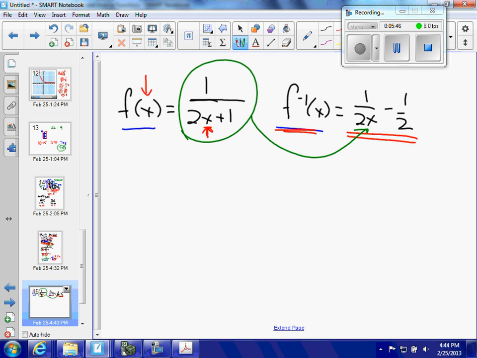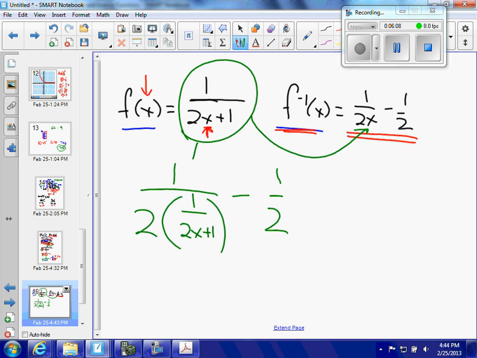So I have 1 over 2, and instead of x, I'm going to go times 1 over 2x plus 1 minus 1/2. So all I've done is I've taken my f of x right there, and I plugged it in for x right over here.